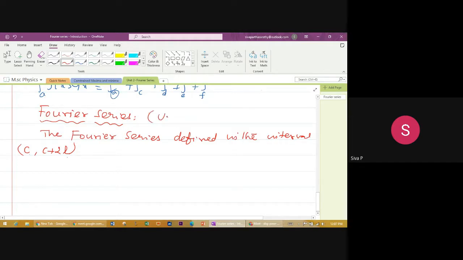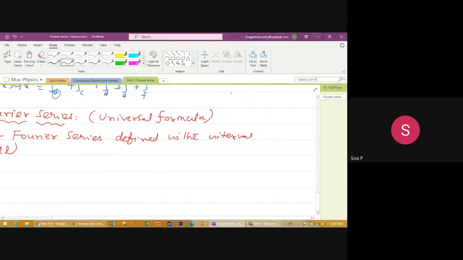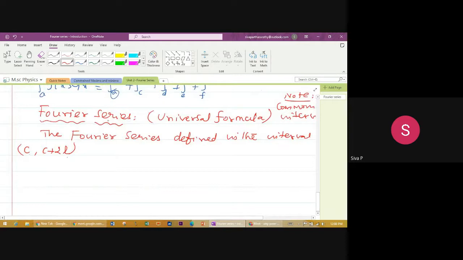That formula is called the universal formula. We will apply it for all the intervals. So we can write a note here: it is common to all intervals. The Fourier series is defined in the interval c to c plus 2 pi.